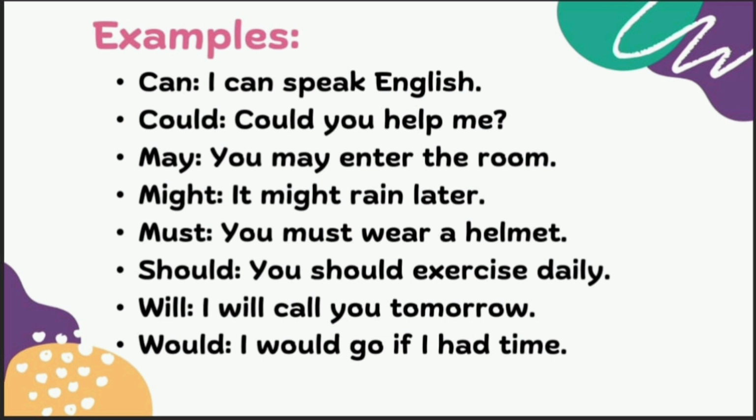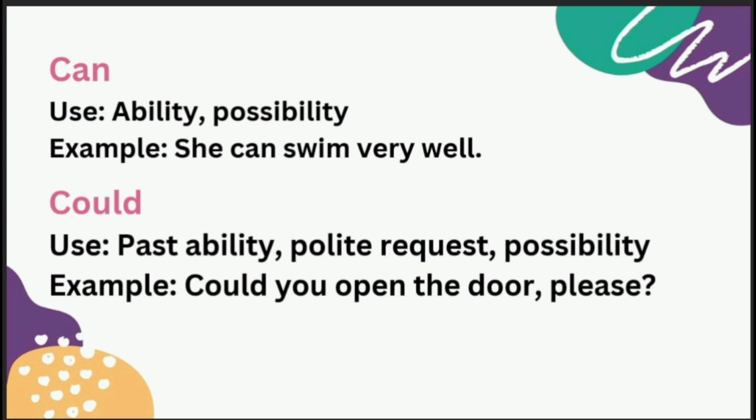So now we'll see the uses, for what purposes and when to use which modal verbs. So can, we are using when we are talking about ability and possibility. Okay, we'll see with an example. She can swim very well. This shows her ability.